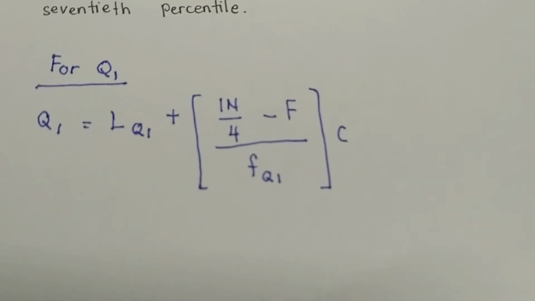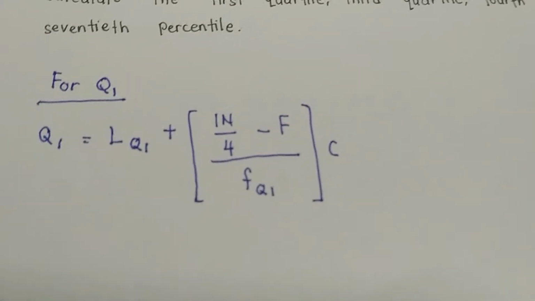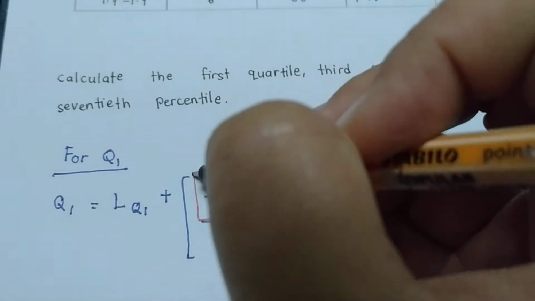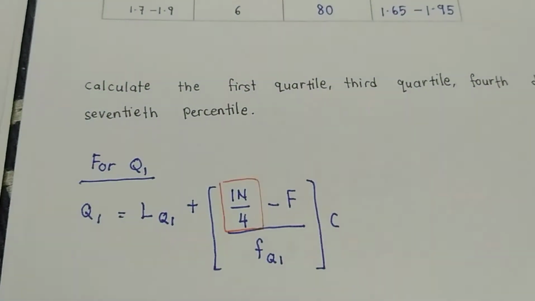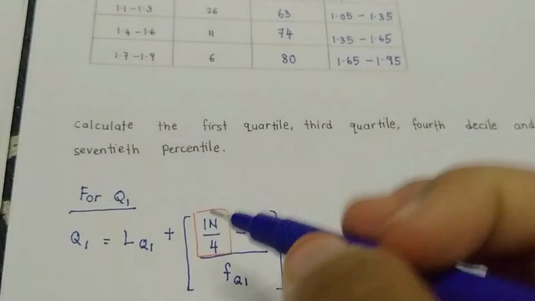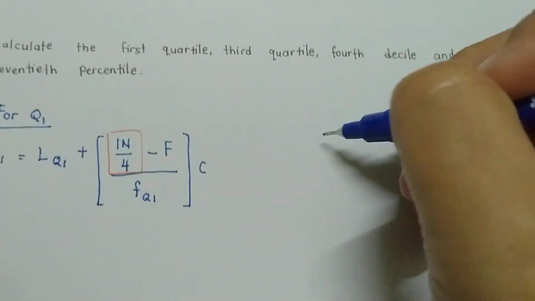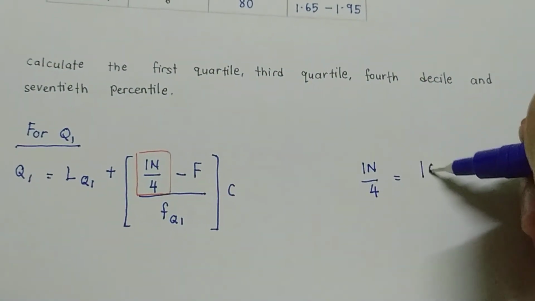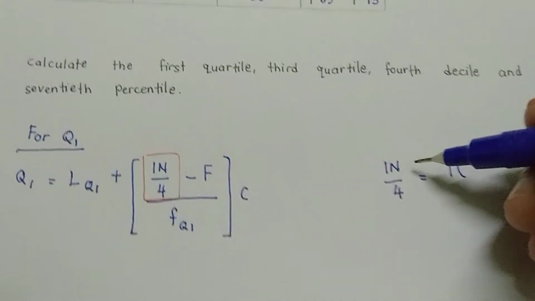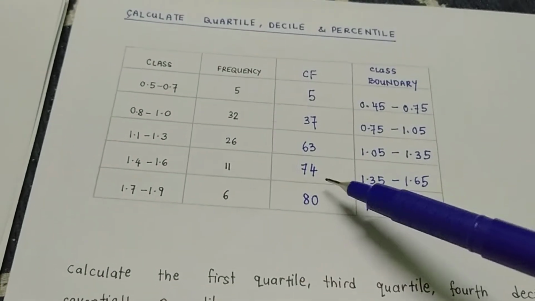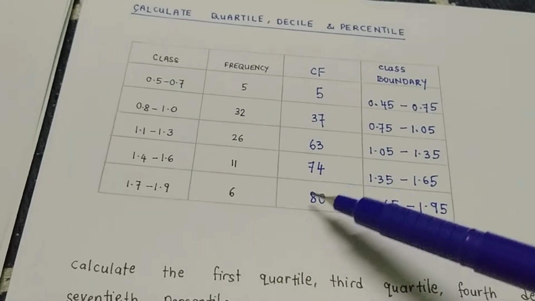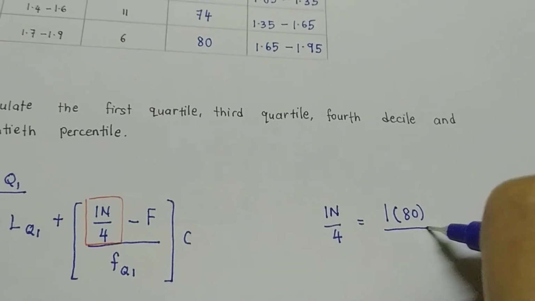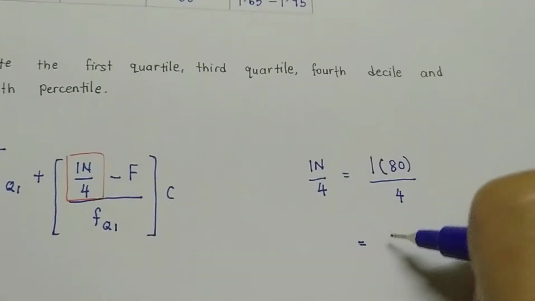Okay, so the first thing is we must find the value of 1n over 4. So 1n over 4 is equal to 1 times n, where n is the total frequency. Our total frequency we can see from the last number of cumulative frequency, which is 80, and then we divide by 4, so we get 20.